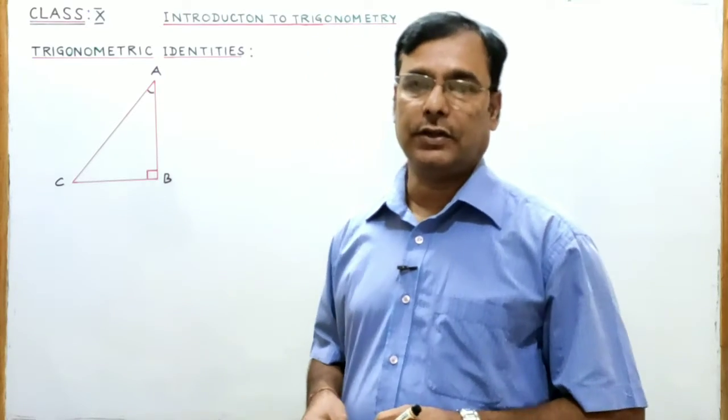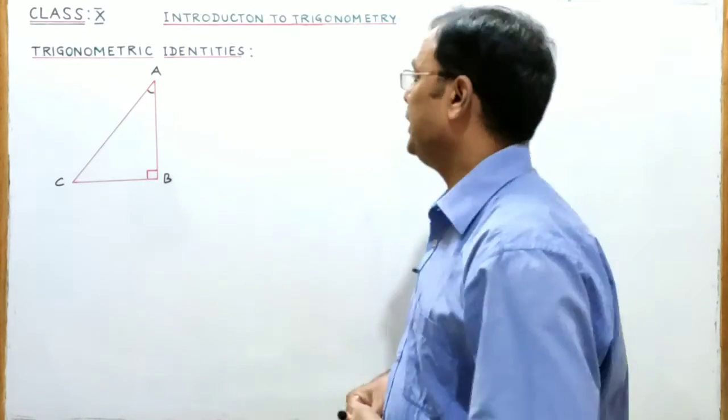So finally, which are the trigonometric identities that we have proved here?